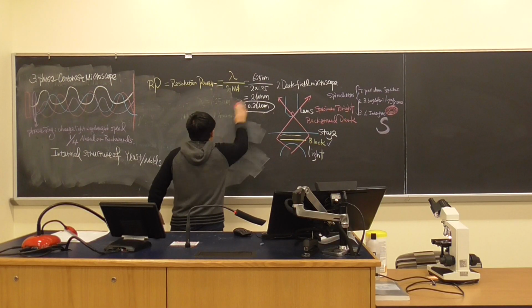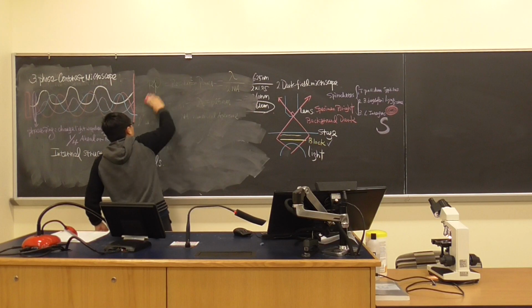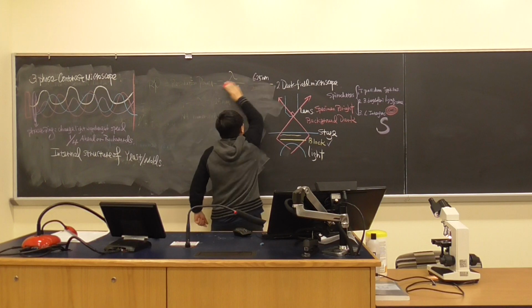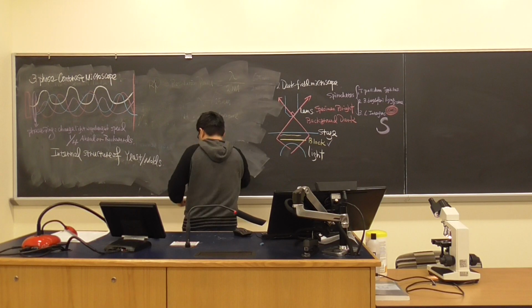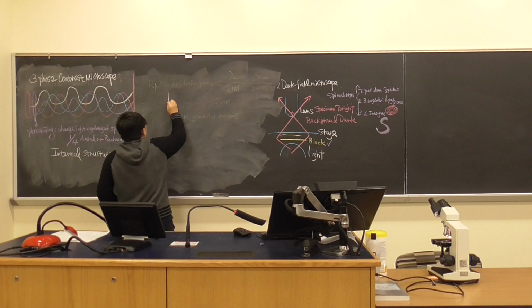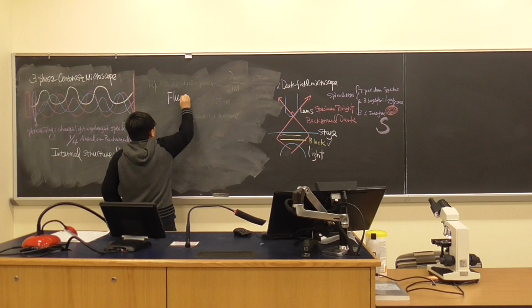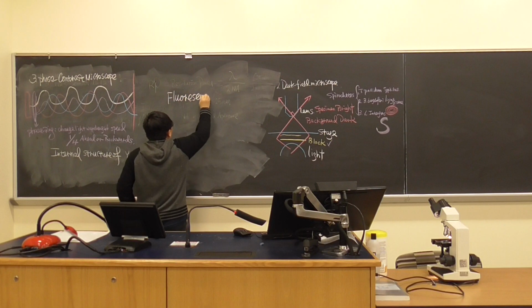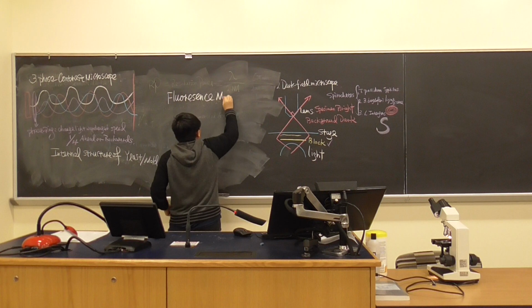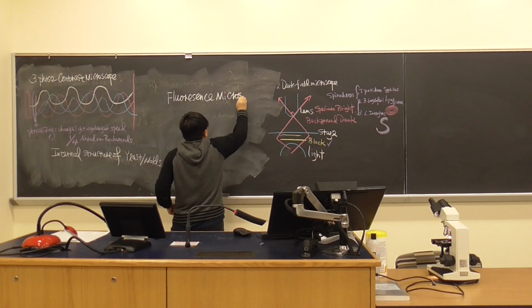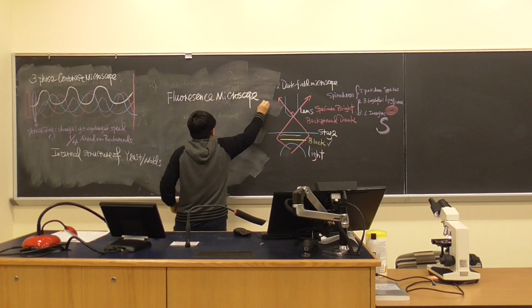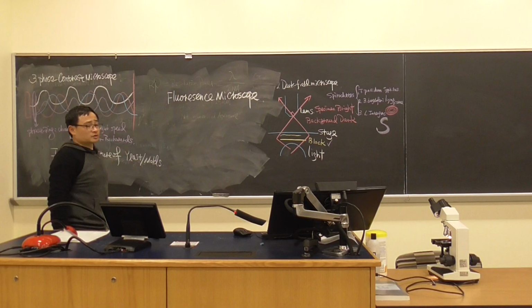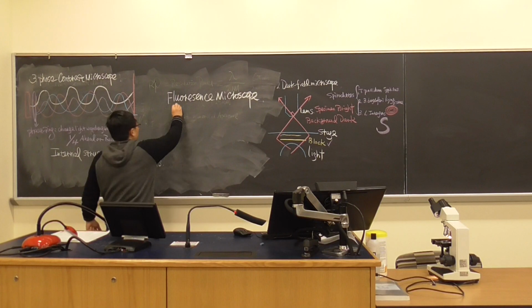Fluorescence microscope is a little bit different. Why? So what is fluorescence? Fluorescence is light yellow.